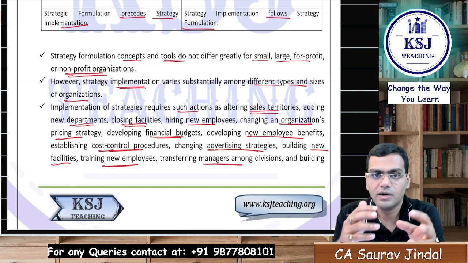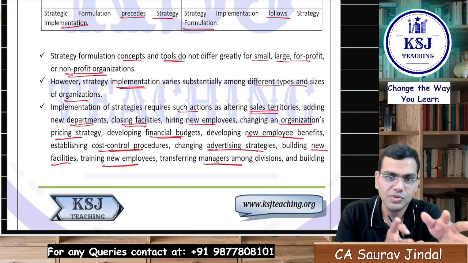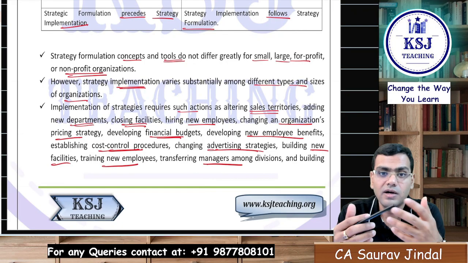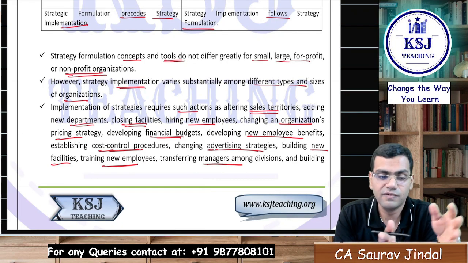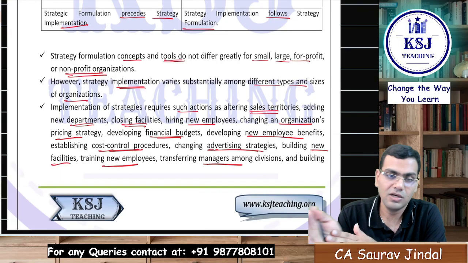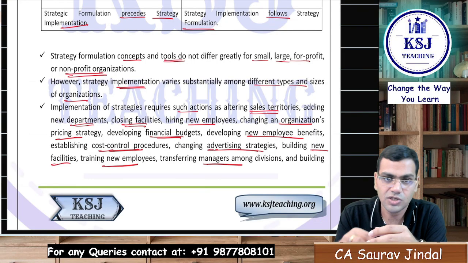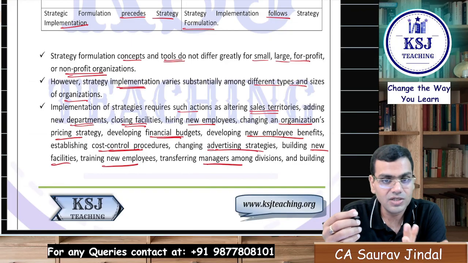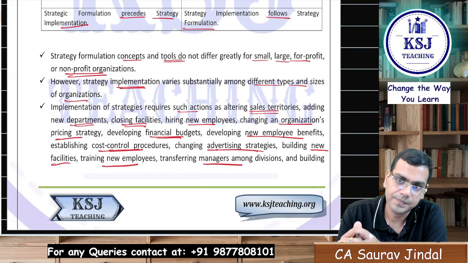The right people at the right position will be required, the right skills will be required. You might need to close down a few businesses or processes and bring into place new processes, right? The people of the organization need to be motivated and trained according to the strategy that we have decided to implement.